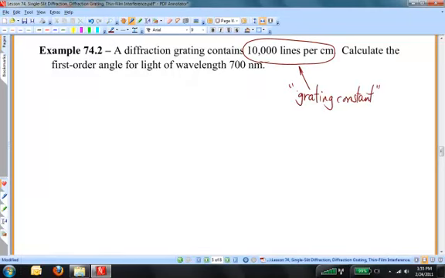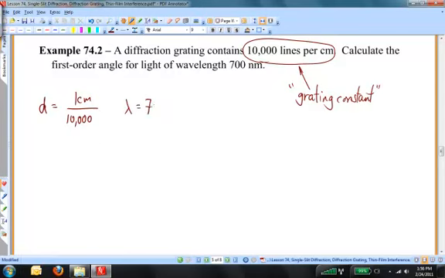If there are 10,000 lines per centimeter, then the reciprocal of that number is the number of centimeters per 10,000 lines. 1 centimeter is occupied by 10,000 lines. So the spacing between two adjacent lines is going to be 1 centimeter divided by 10,000. In other words, d is 1 centimeter divided by 10,000. That's going to be the reciprocal of the grating constant.